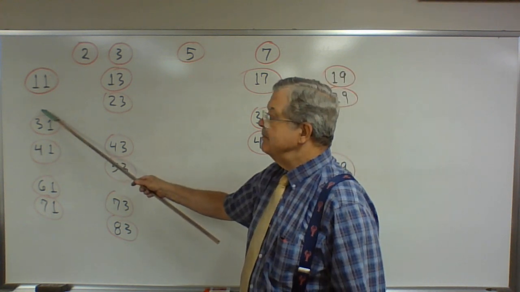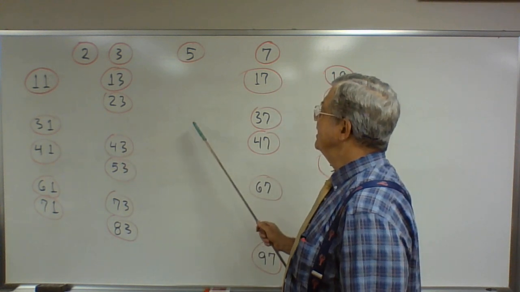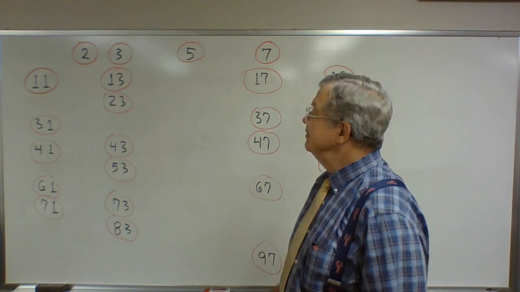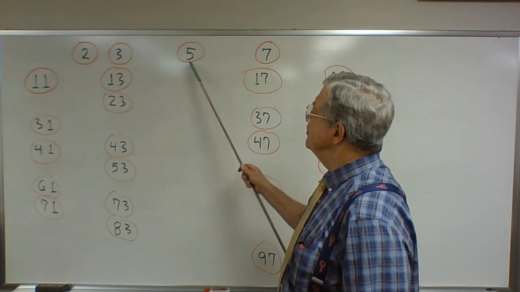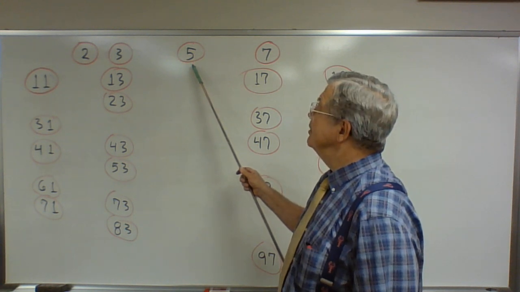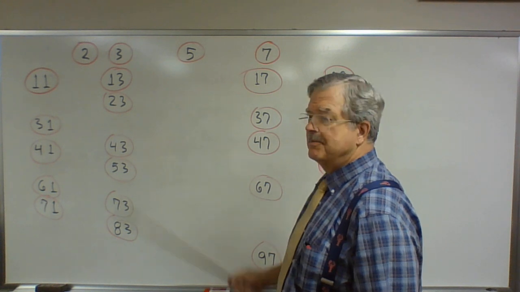It wasn't 20 because that's a multiple of 2. It was 25. So when we came to eliminate multiples of 5, the smallest multiple of 5 that was still on the list was 5 squared.